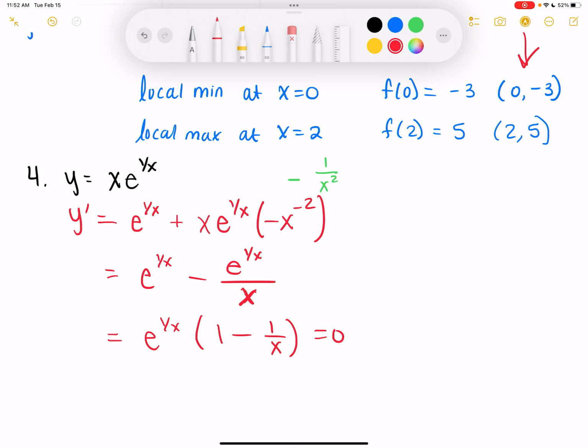Is there any way for e to the 1 over x to be equal to 0? Can you divide by 0? It's going to give you a trick question. No, you can't divide by 0.